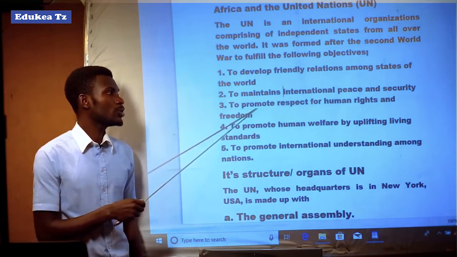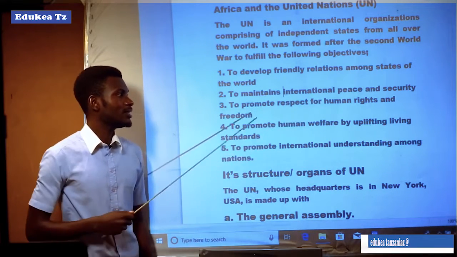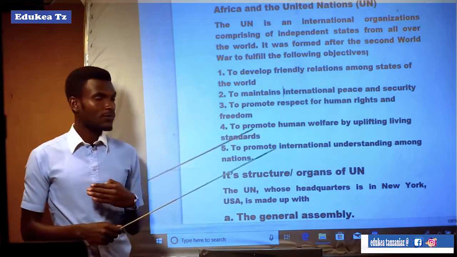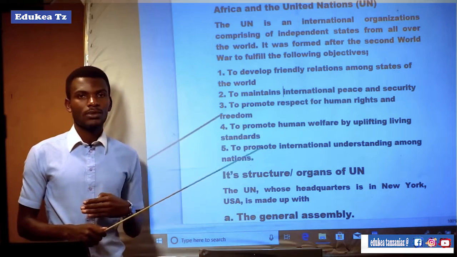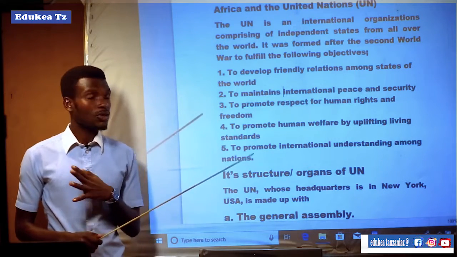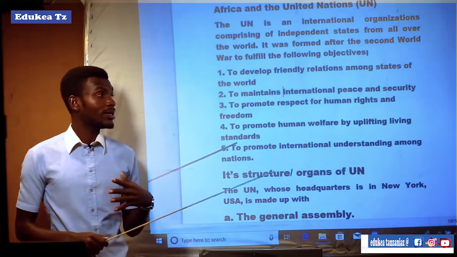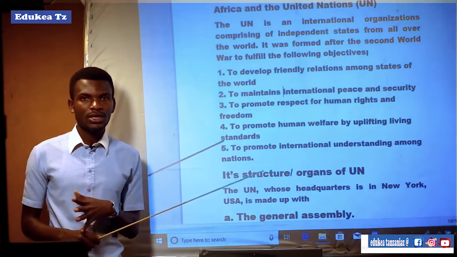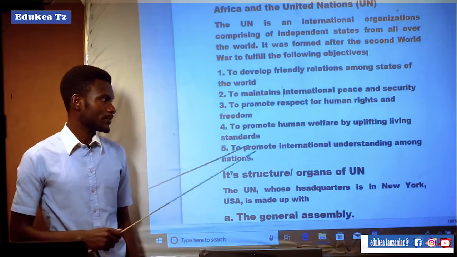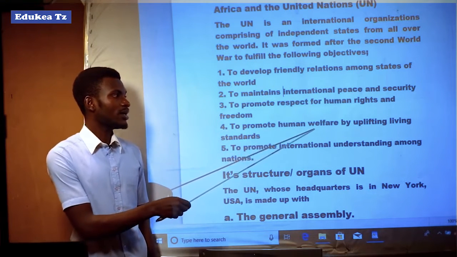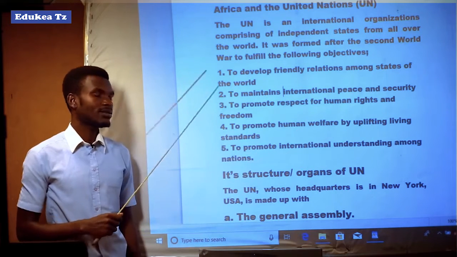Another, it is to promote respect for human rights and freedom. It means the UN was formed in order to promote the human rights and the freedom of each person and the nation at large. Another objective was to promote human welfare by uplifting living standards.